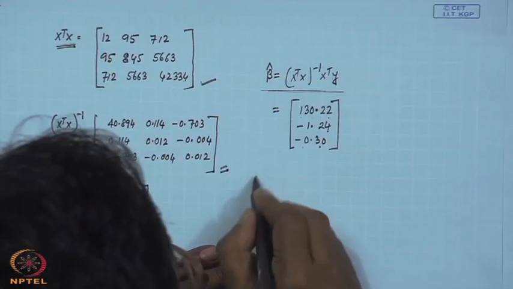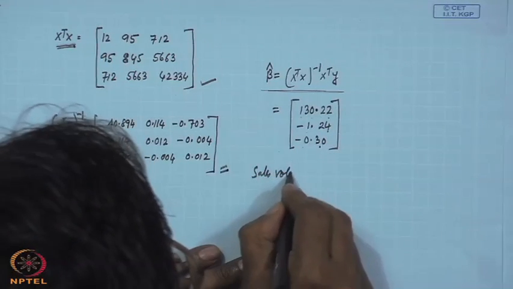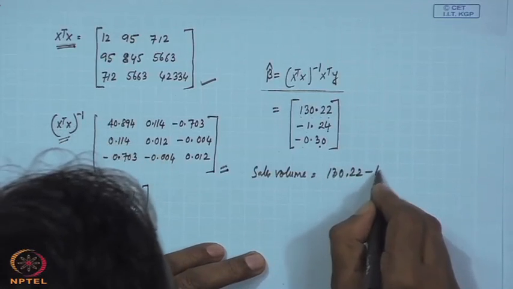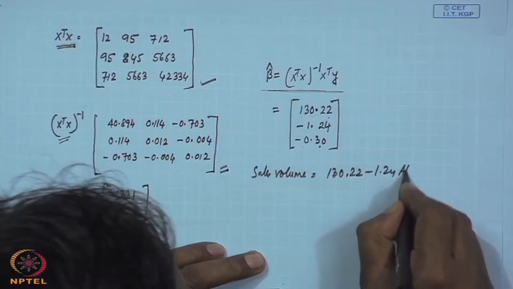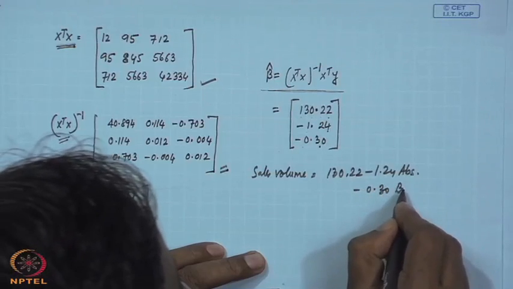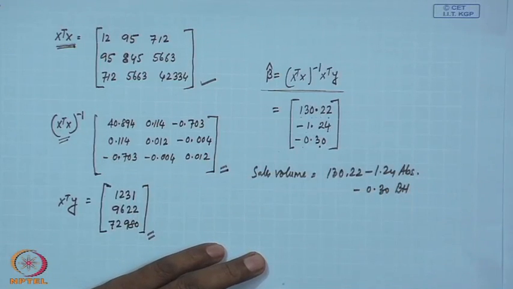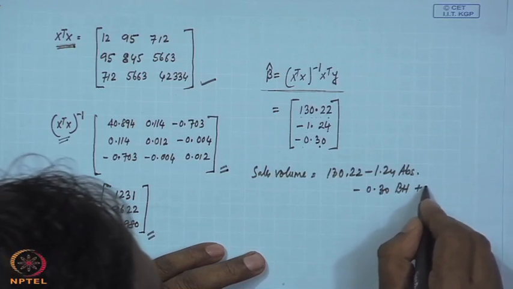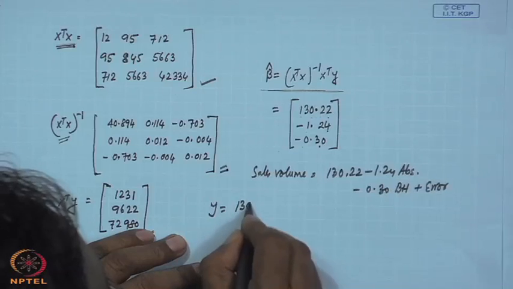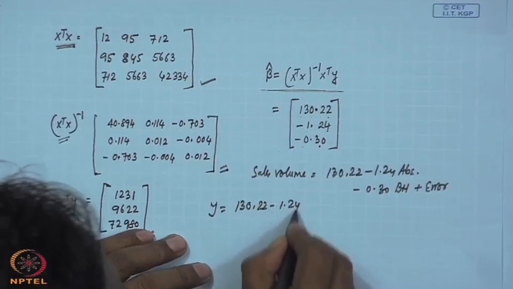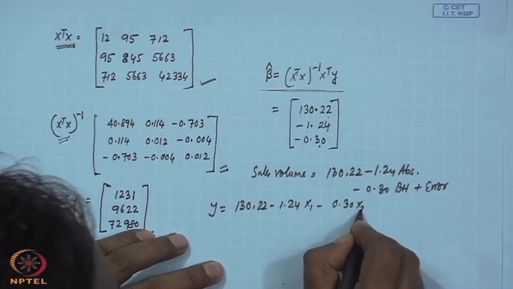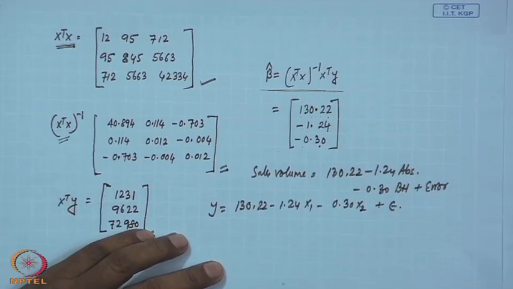So, that means your cell volume equals 130.22 minus 1.24 absenteeism minus 0.30 breakdown hours, let it be BH, plus some error. The other way we can write it is y equals 130.22 minus 1.24 x1 minus 0.30 x2 plus epsilon.